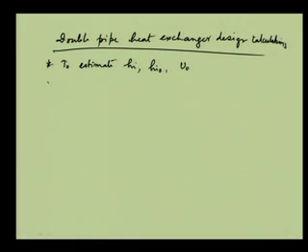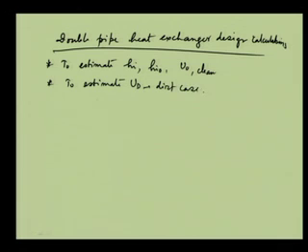Okay, and then to estimate UD, that has to be done. UC is for the clean case, and UD is for the dirt case when there is a fouling factor. So, we know that 1 by UD is equal to 1 by UC plus RD.